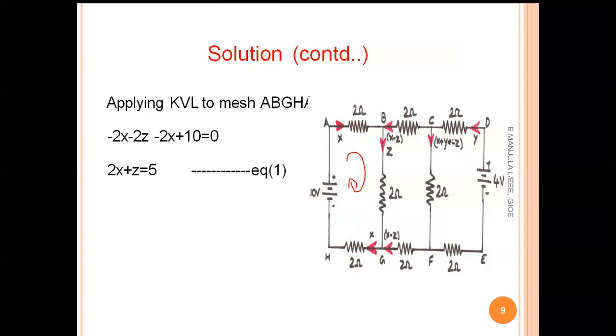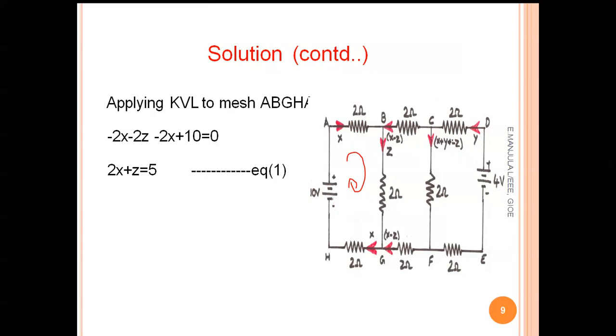So it is minus 2x. And the direction of the loop and the direction of the current is same here. This is z. So minus 2z. And the direction of the loop and the direction of the current is same, so it is minus 2x.